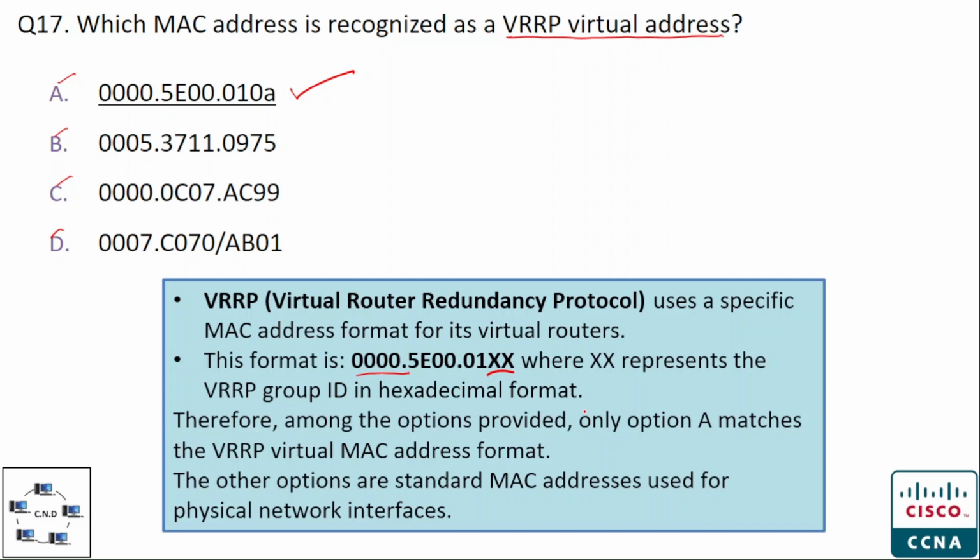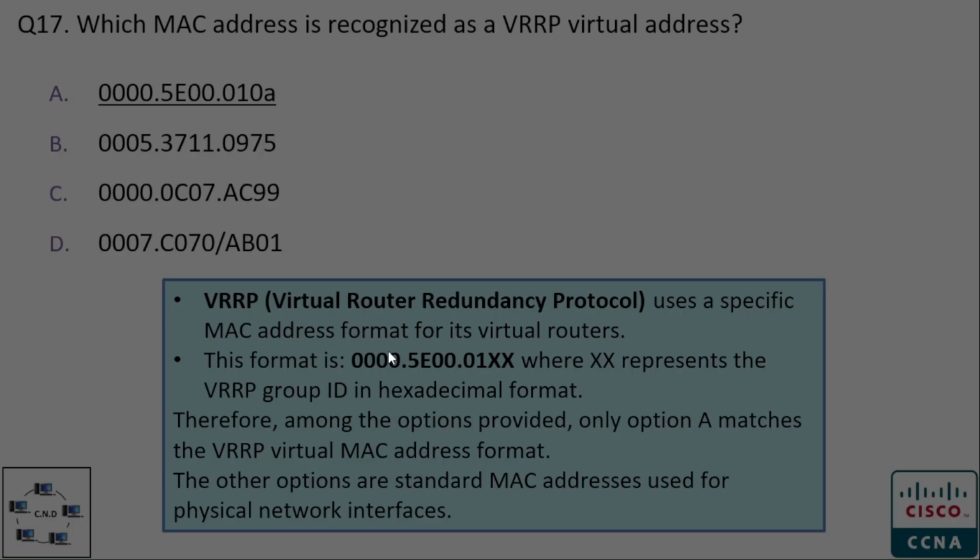Therefore, among the options provided, only option A matches the VRRP virtual MAC address format. The other options are standard MAC addresses used for physical network interfaces. So this is basically the format of the VRRP virtual MAC address, where the last two numbers are in hexadecimal and represent the VRRP group ID.